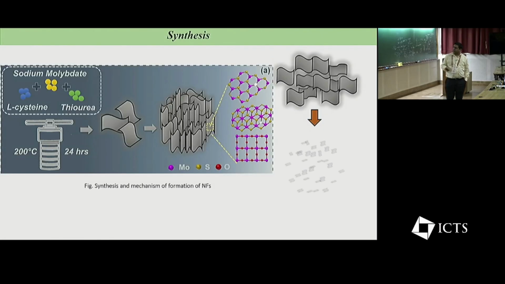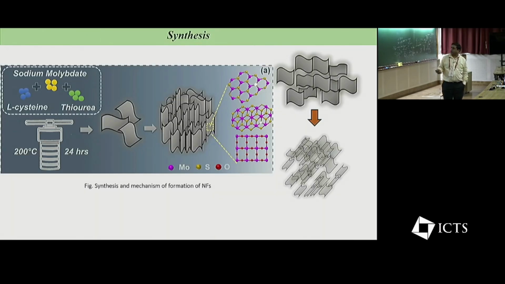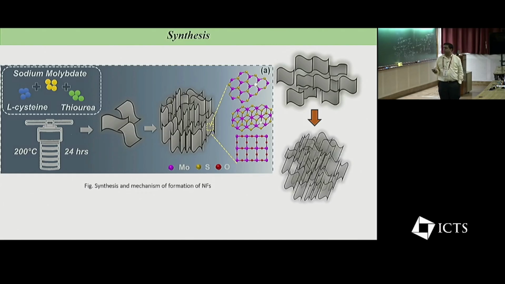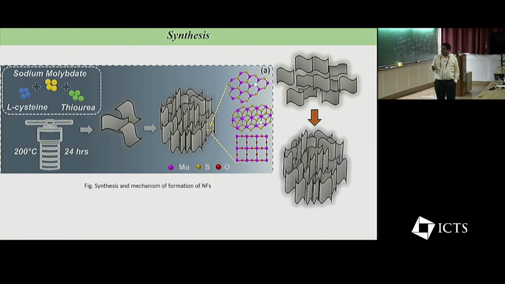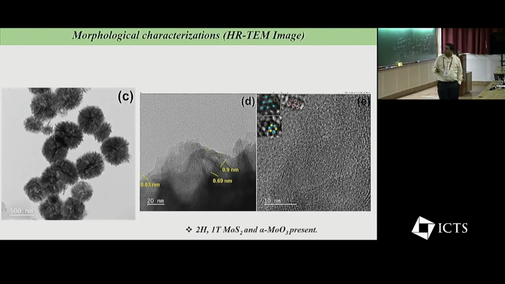A very simple route of synthesis of these nanoflowers: we have followed the set protocol of the hydrothermal way of synthesizing this material. We characterized this material with microscopy, spectroscopy, and other different techniques, and then we will learn about their application. What you are seeing is an SEM image of this nanoflower, and the typical average size is around 400 nanometers.